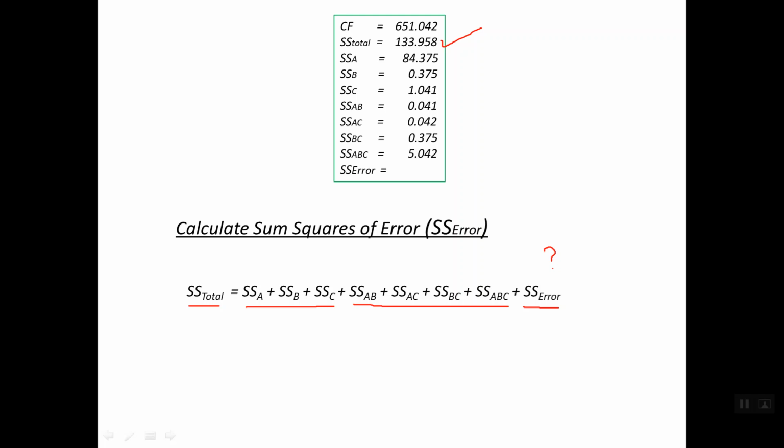So simply you can move all of the known values to the opposite side, so the sign will be opposite. So the SS for the error is simply SS total minus all of the SS for the main factors and the combinations.